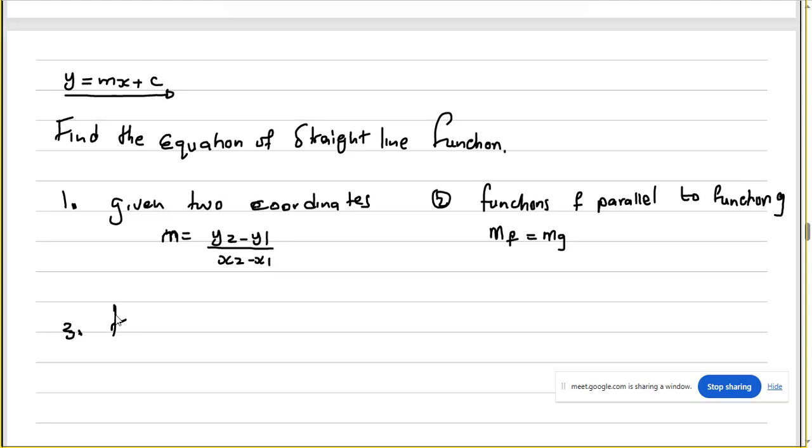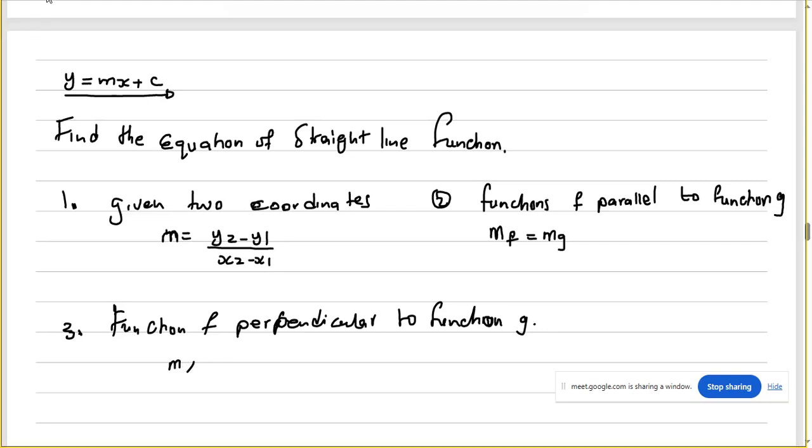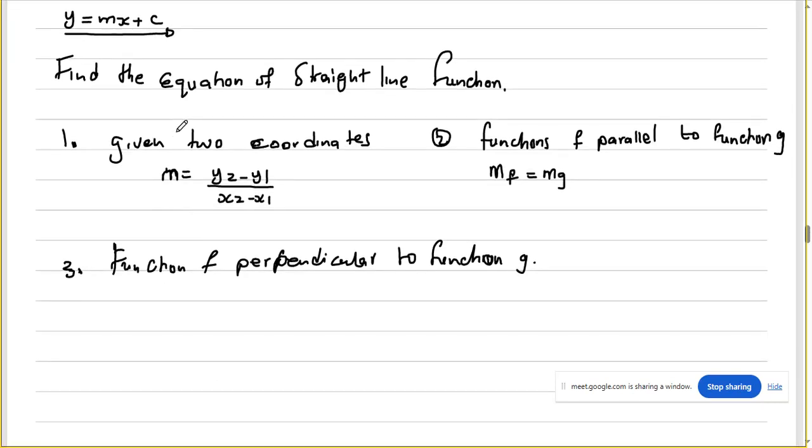Now, let's say you have 2 functions that are perpendicular. Function f, let's say it's perpendicular to function g, meaning that if you multiply the gradient of f and g, you need to get their product as -1.